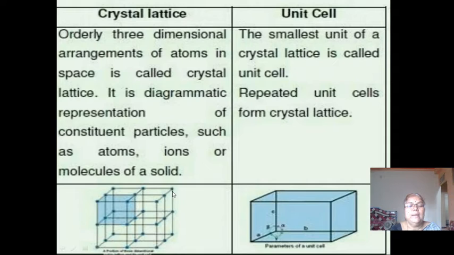And the angle between two planes or two faces is called the interfacial angle. The angle between two faces is called the interfacial angle.